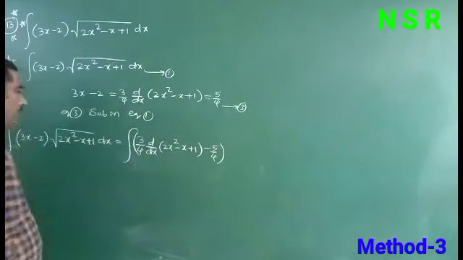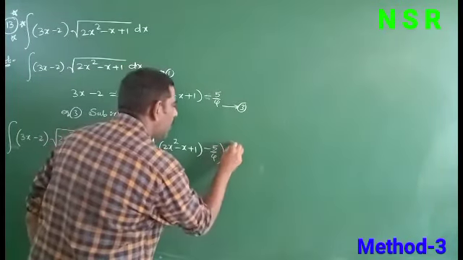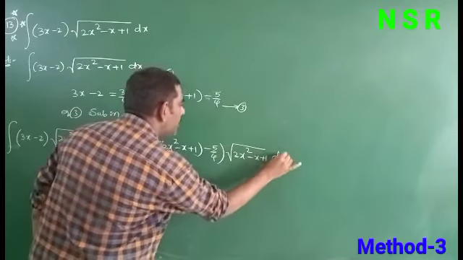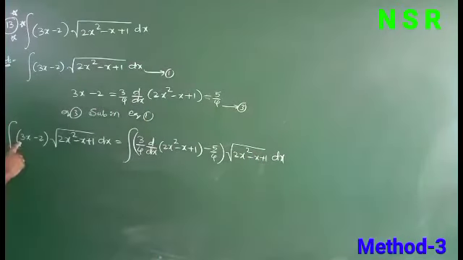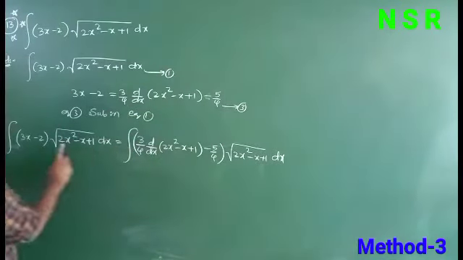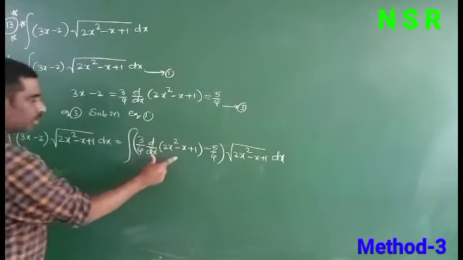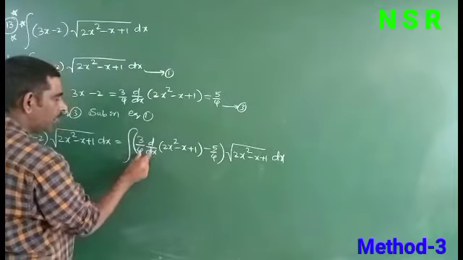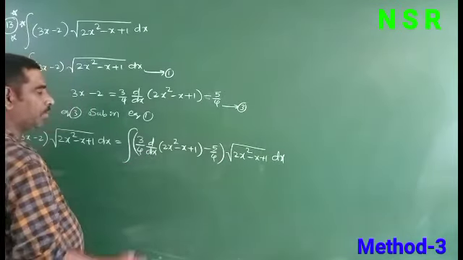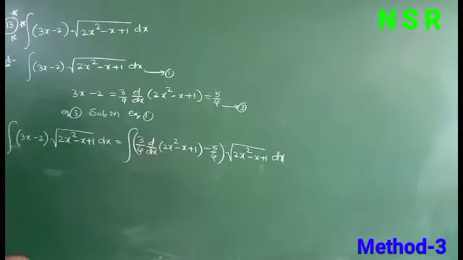Again we have the square root of 2x square minus x plus 1 into dx. In place of 3x minus 2, write this value, and next into square root of 2x square minus x plus 1 into dx. Here we have two terms, one is the 3 by 4 into d by dx term and another term is 5 by 4. These two terms multiply with the square root of 2x square minus x plus 1.